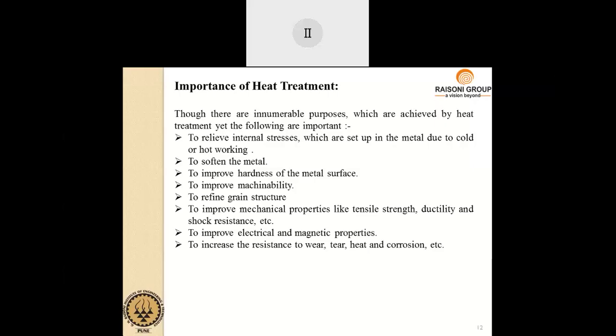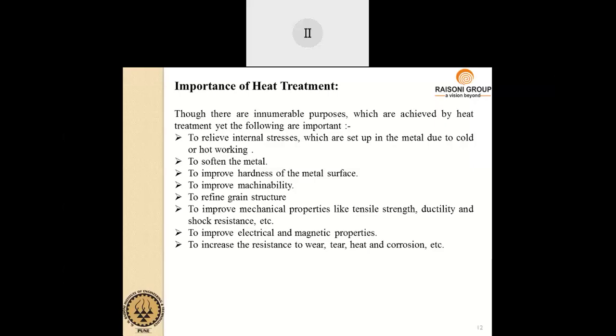Depending on the application, if we require a fine grain structure, that is small grain size, it can be achieved. If we require coarse grain size, that is bigger grains, that can again be achieved with the help of heat treatment. So refining of grain structure is possible.